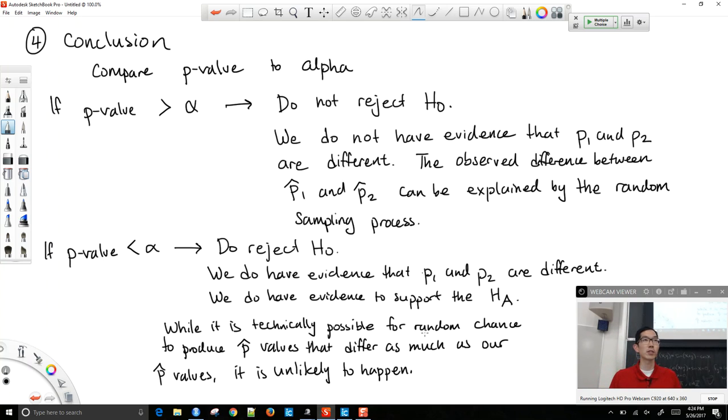Therefore, we conclude our values are not from random chance. They are not a result of chance alone.